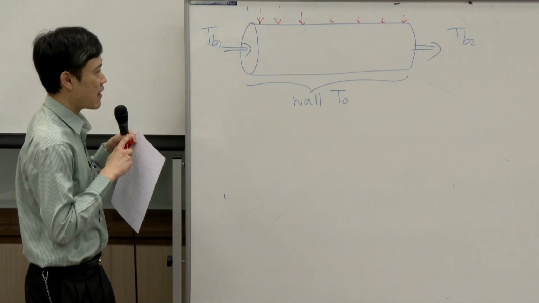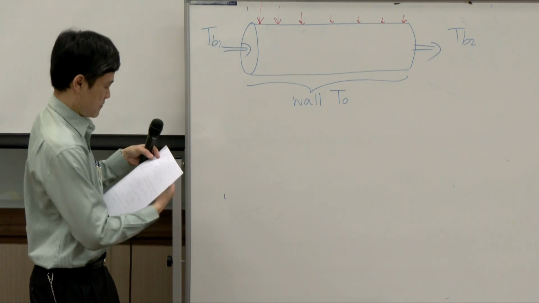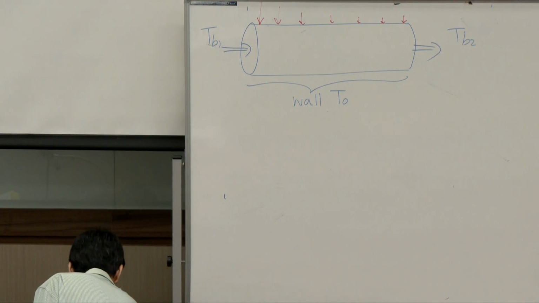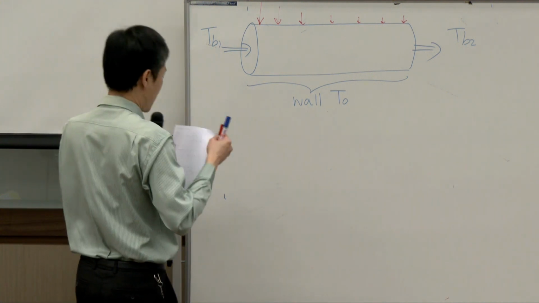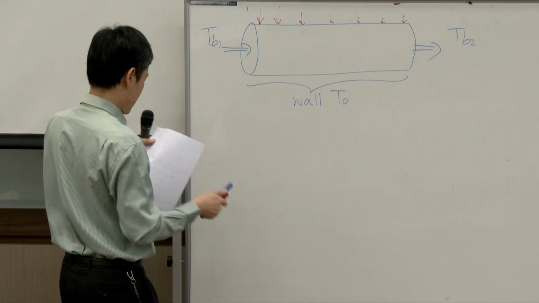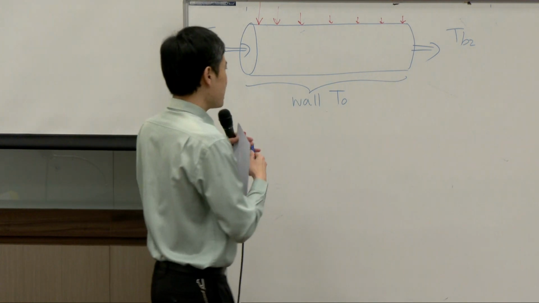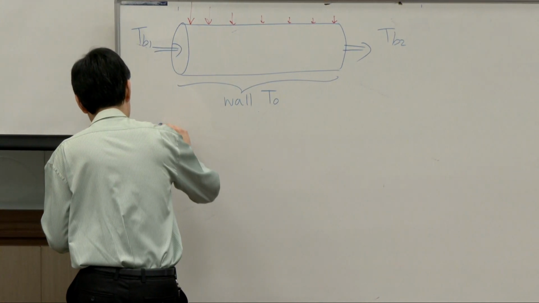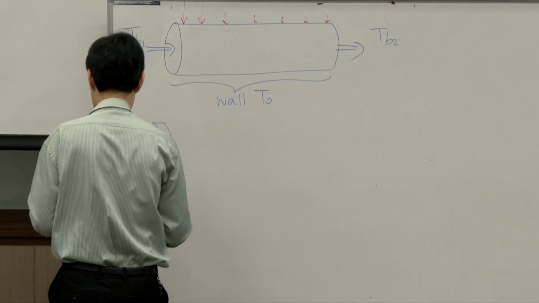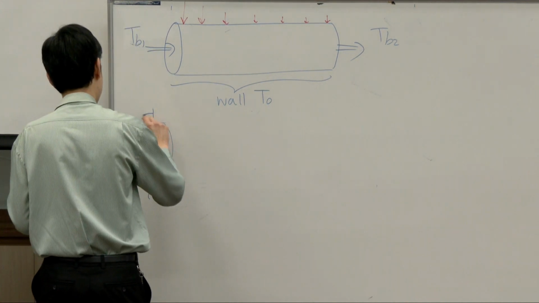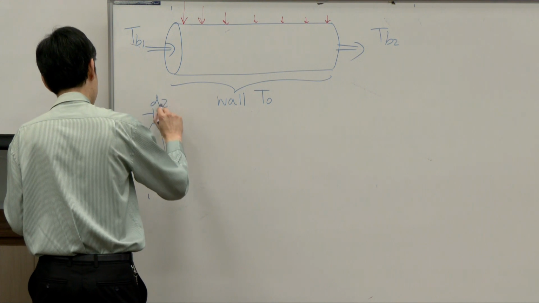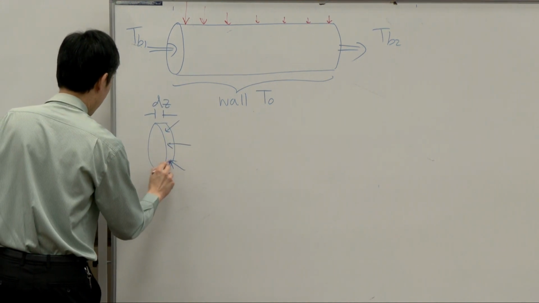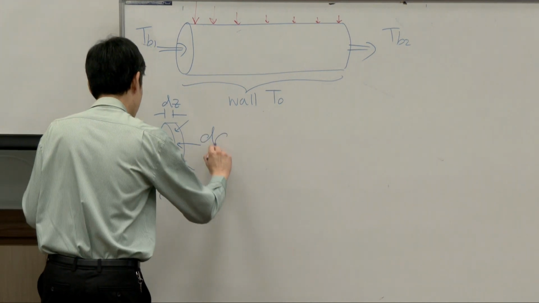All right, this is our setup. We want to calculate the total amount of heat transfer through the whole pipe. So if I do a microscopic balance, that means I select one slice with the thickness dz, and the amount of heat transfer into this slice is dq.